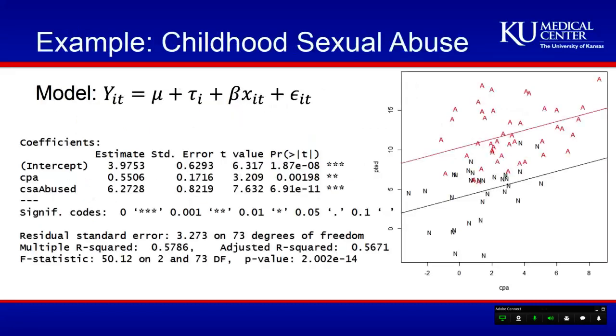Since this is technically a multivariable model, remember at the very beginning we talked about simple linear regression versus multiple linear regression. Even though it looks like I have a single x in this model, I actually have two x's, right? I have the continuous x, which represents the childhood physical abuse score, but I also have a categorical x that differentiates individuals into two different groups according to their past history of childhood sexual abuse.